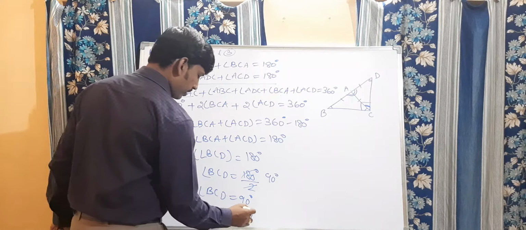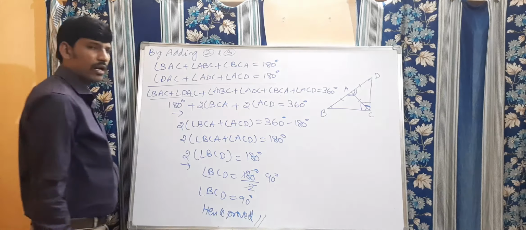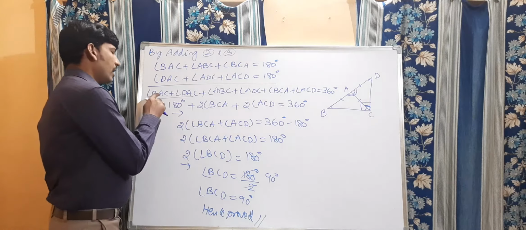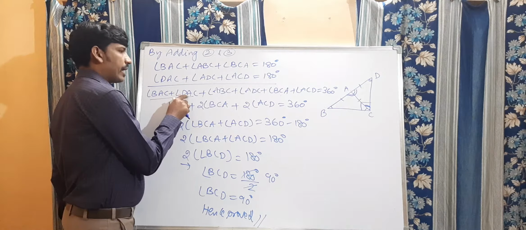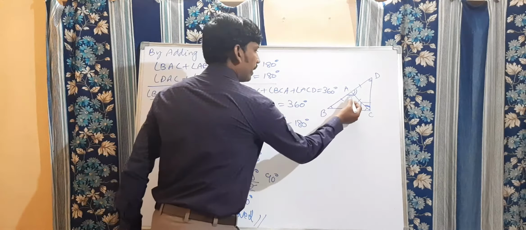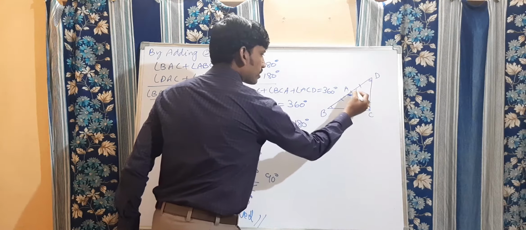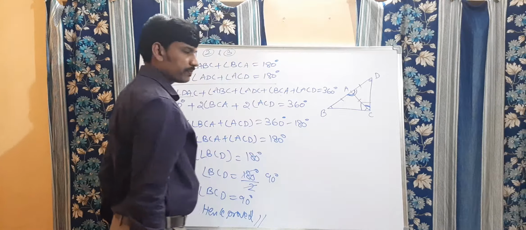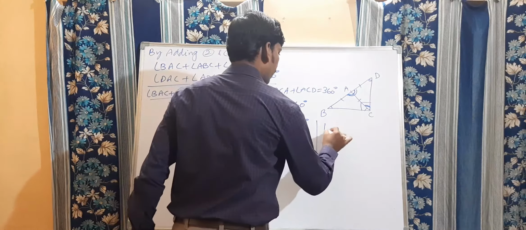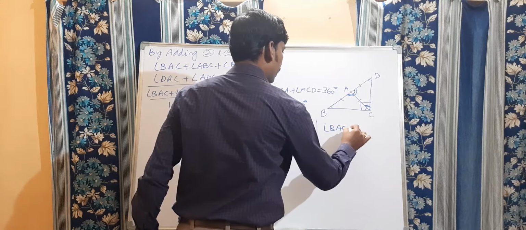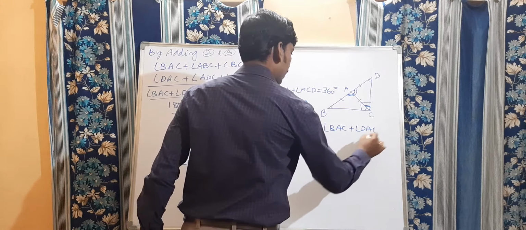This is clear, my dears? Hence proved. Just only you have to see this here. Angle BAC plus angle DAC, BAC this part, DAC this part. These two are linear pairs. If you want to write, I am writing here: angle BAC plus angle DAC is linear pair.